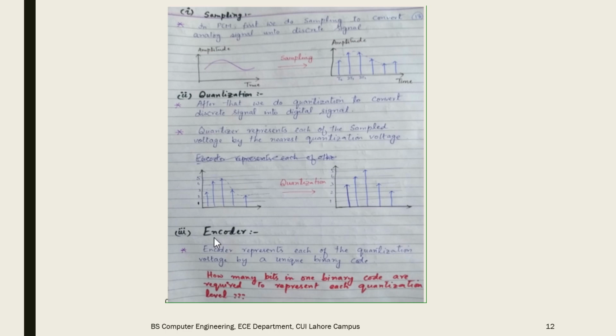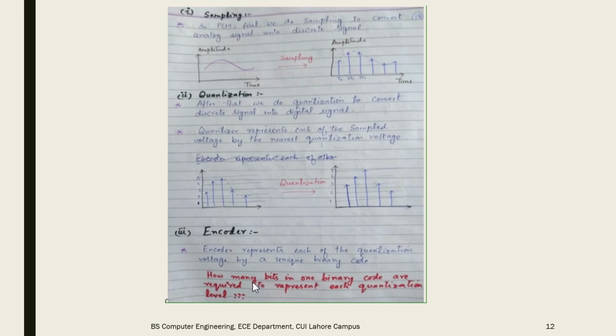After that we perform encoding. The encoder represents each of the quantization voltages by a unique binary code. Different binary codes are assigned to each quantization level, and then we assign these codes to our samples.